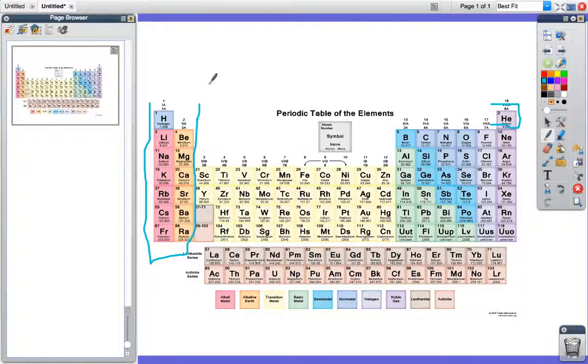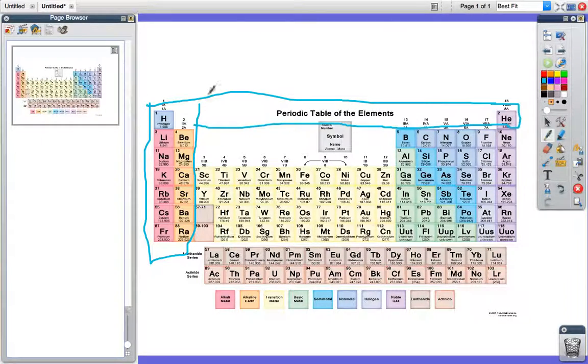These first two, group 1 and group 2, and helium, are in what is known as the S block. The S block can hold up to 2 electrons in its energy level, and because of it, the S block is usually the first to get filled when you reach a new energy level.